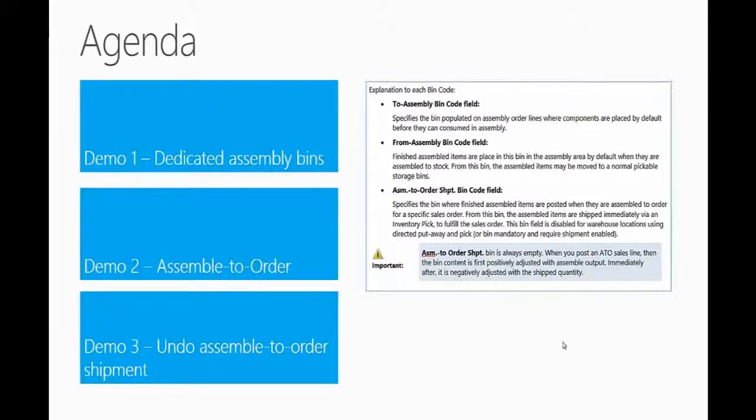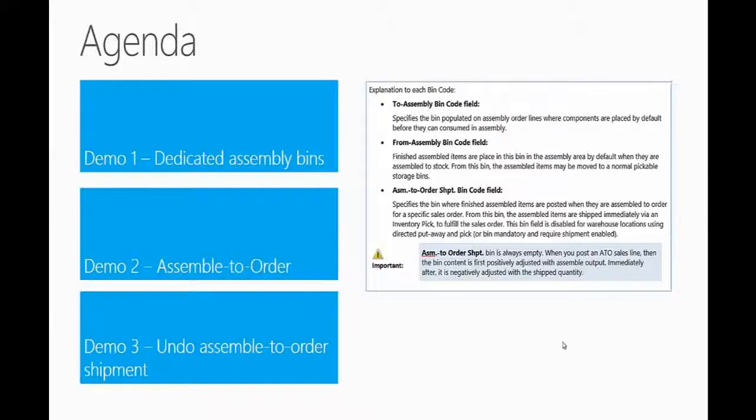So on the right side you find a quick overview of the default assembly bins that are now available on the location card. There are three bins, the first one being the to assembly bin, which is related to the default bins from where components are to be consumed for assembly.